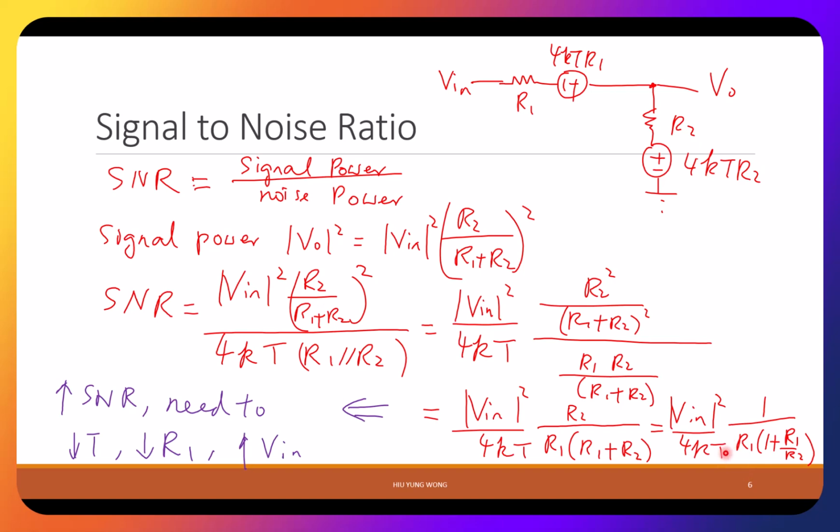Because when you reduce the temperature, you have less thermal noise. You can also reduce R1, because R1 is the source of the noise. But when you reduce R1, of course, you need to reduce R2 also to maintain the function of the circuit. Okay, so this is the signal to noise ratio.